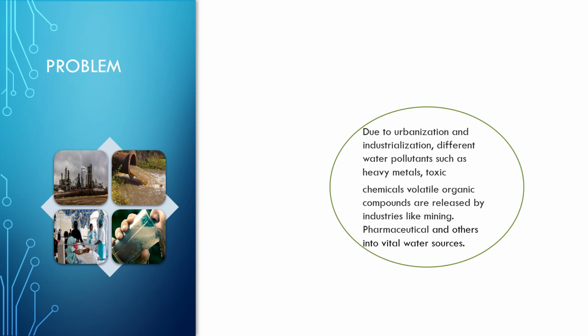From there, the water leaches into the ground, and people who have boreholes can consume this underground water, and that is when they will have health problems such as liver damage, cancer, and kidney damage.